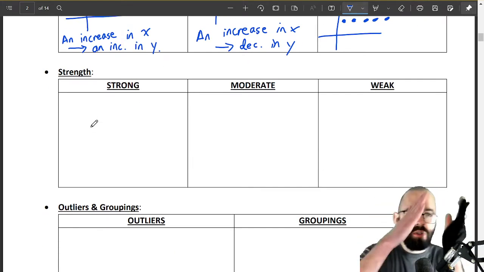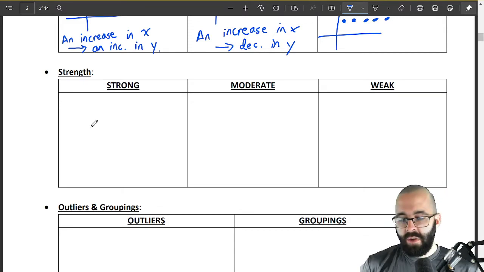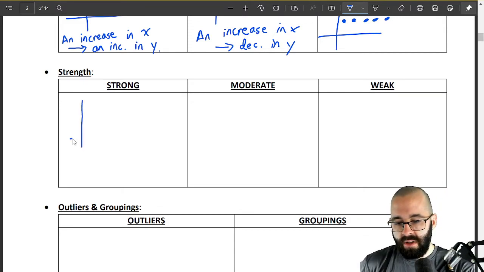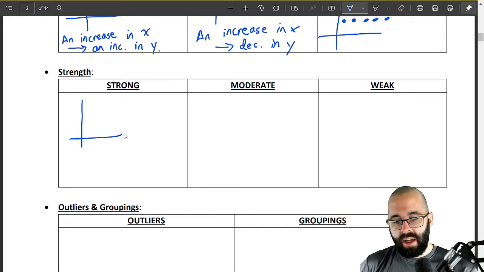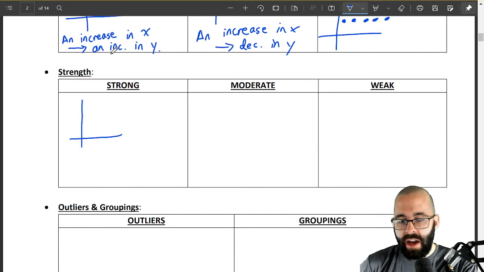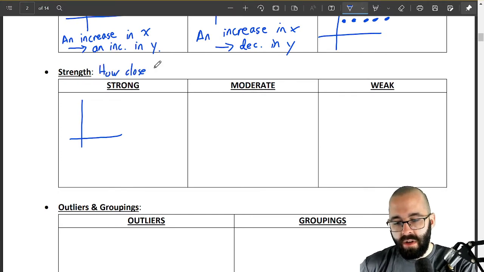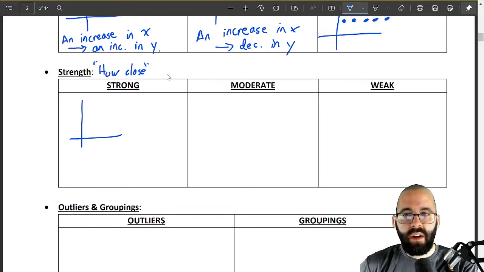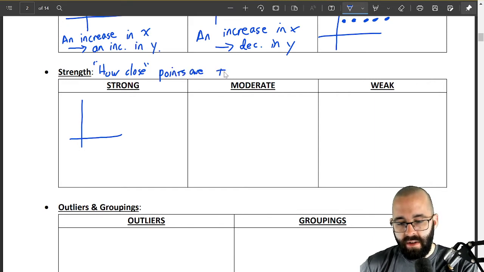Strength has to do with how close things are to a line. So if we have really strong correlation, again, direction we can think of as slope. Strength in general is how close the points are to a line.